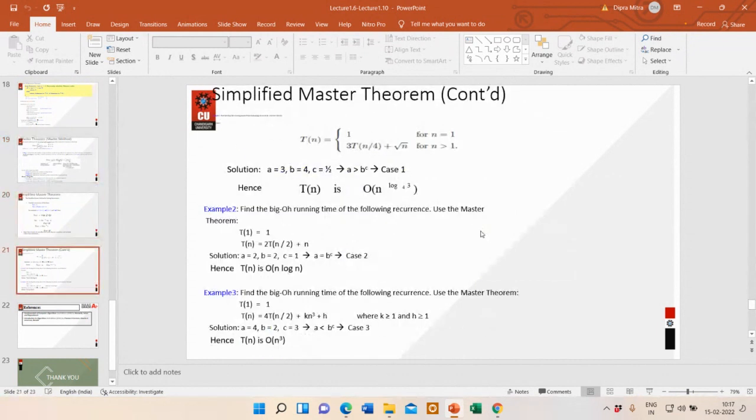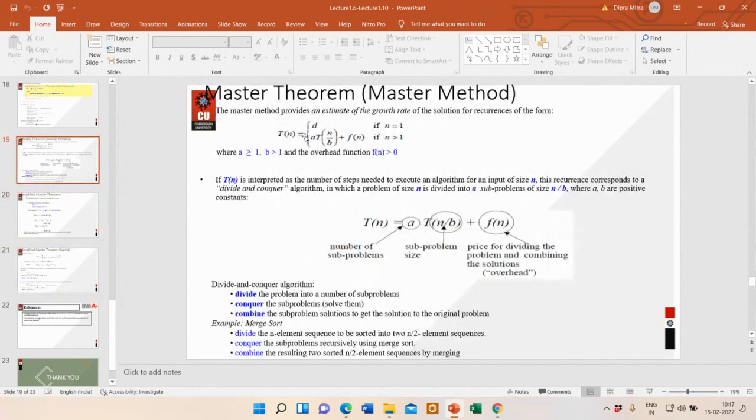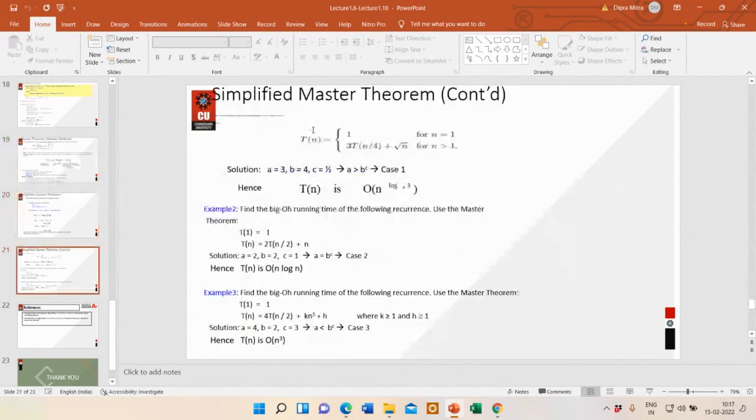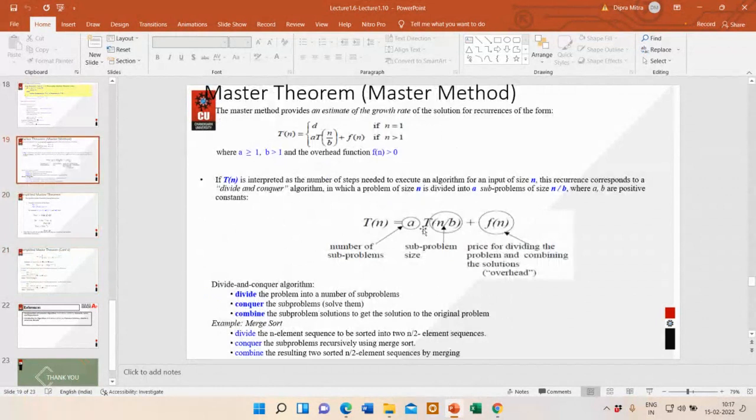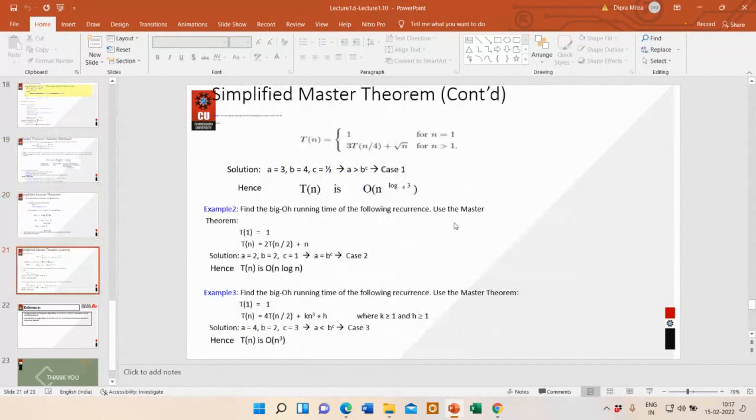Now I am comparing the master theorem with this equation. D is 1. 3T means a T of n by b, so a is 3. n by b, so b is 4.